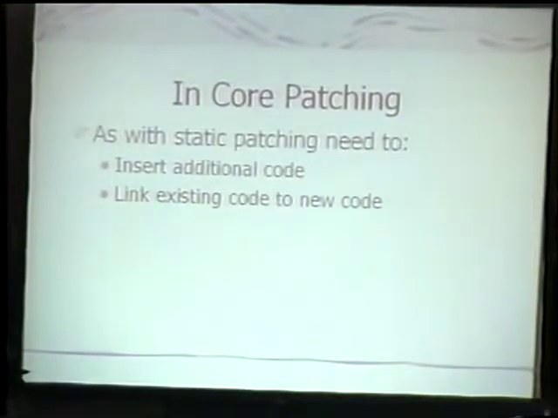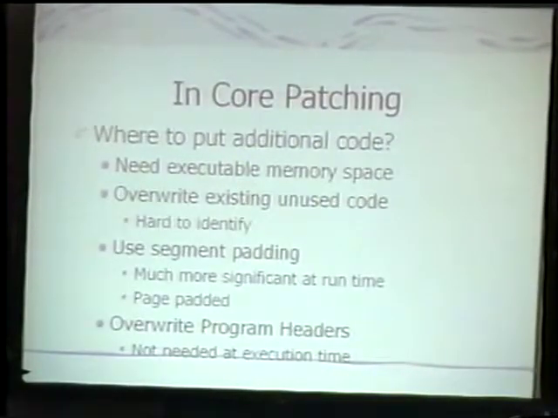As with static patching, we have the same needs. We need to be able to insert additional code, and we need to be able to link the existing code to our new code. So the question becomes, as it was before, where do we put additional code? Well, obviously, we need this code to be inside a memory page which is marked as executable. We have a couple of options.